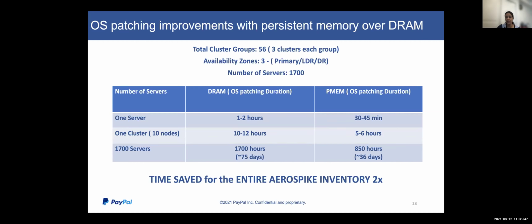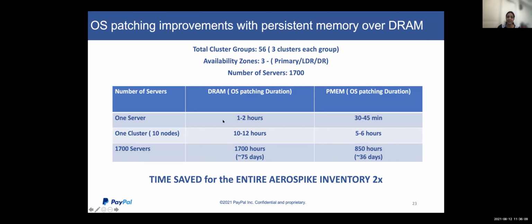So that was the time for one node. Now, if we look at our whole inventory, it has around 56 cluster groups, and each cluster group comprises 3 clusters: one for primary, LDR, and the DR. On average, each cluster has 10 nodes, so we have around 1,700 servers in total.